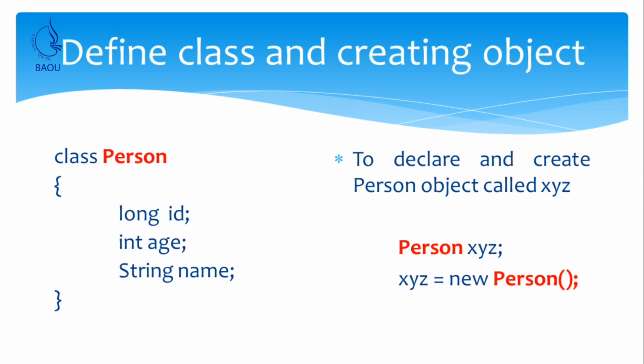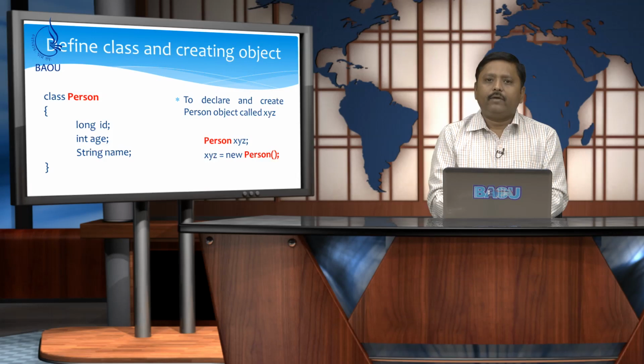Now, initially XYZ has no reference or no address, but whenever you allocate memory for XYZ, you have to use new operator. So, next we write XYZ is equal to new person. So, a memory is allocated for XYZ and assigned to XYZ. So, next time you refer to XYZ, you can access its data if it is public.